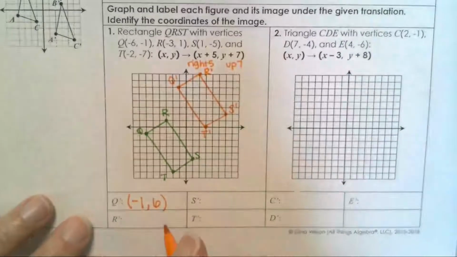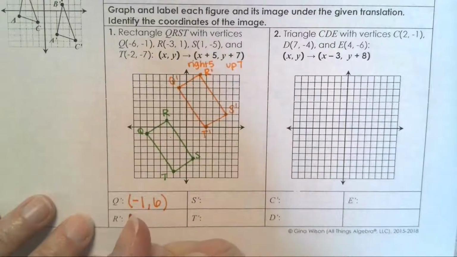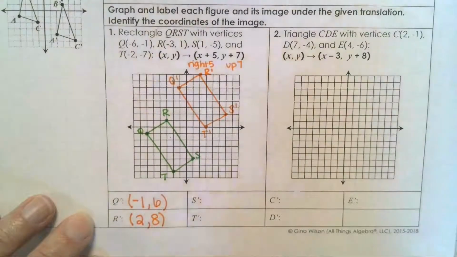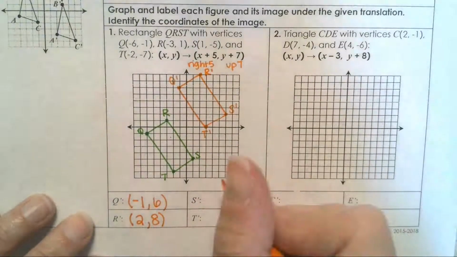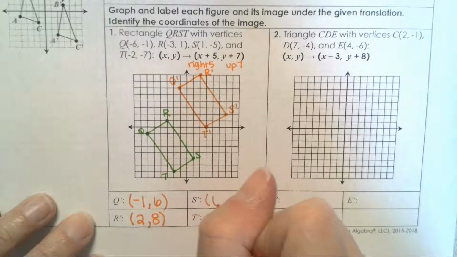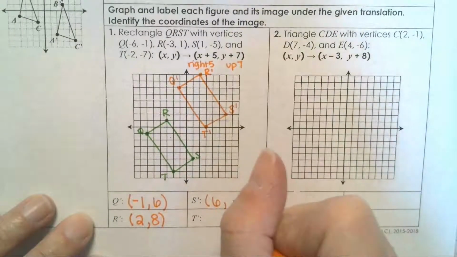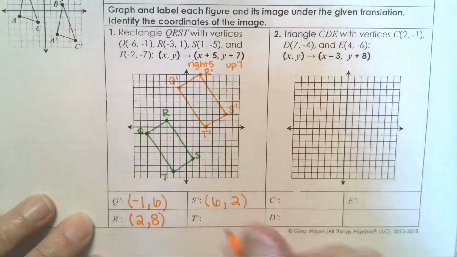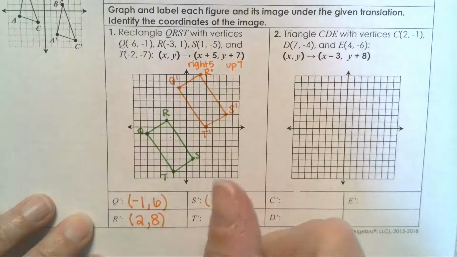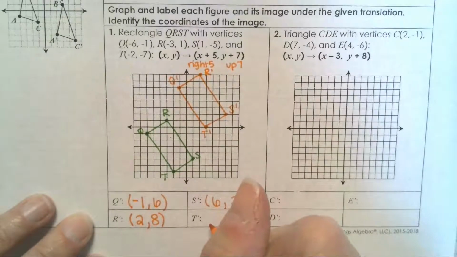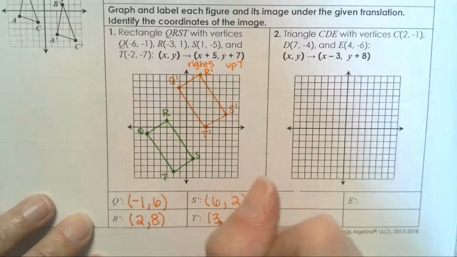And then we should have R prime at 2, 8. S prime should be at 6, 2, and then T prime is at 3, 0.